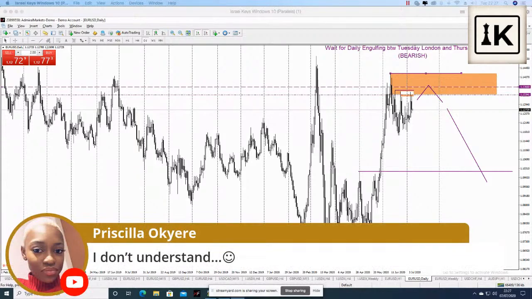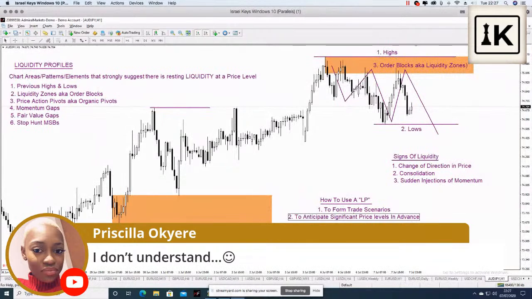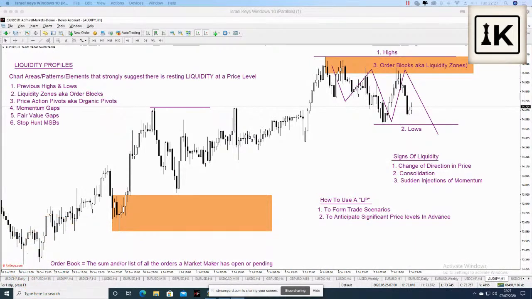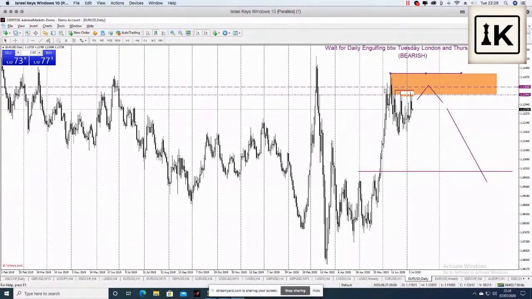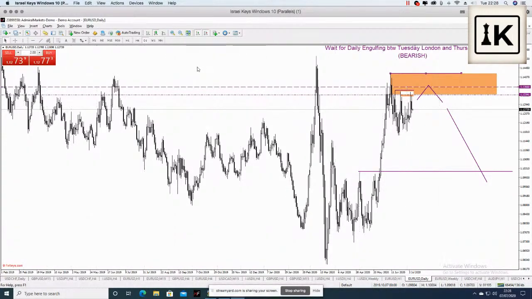Okay, let me explain that for those who said they don't understand. Cool. Let me explain. Let's go back there. To anticipate significant price levels, meaning the liquidity profile will tell me, like in this case here, that 1.1366 is a significant price level.